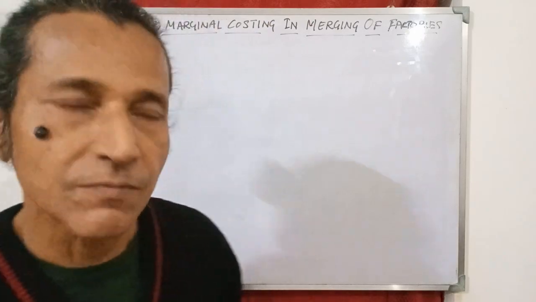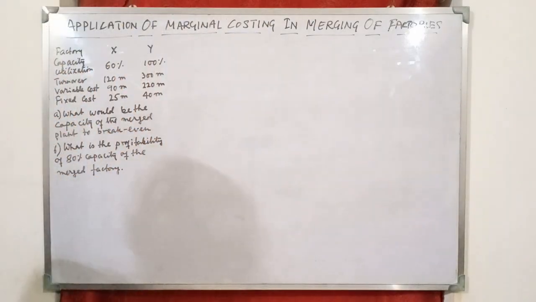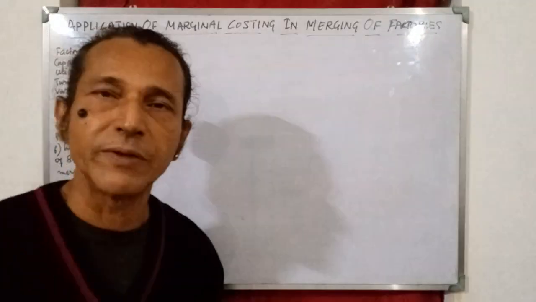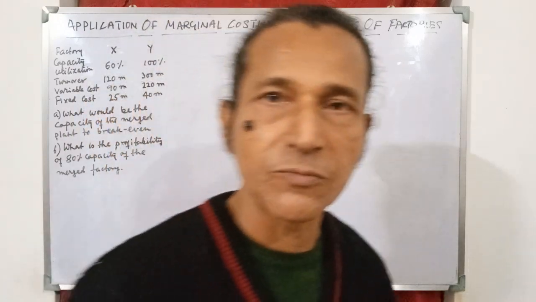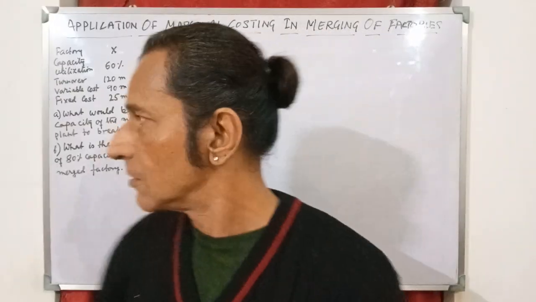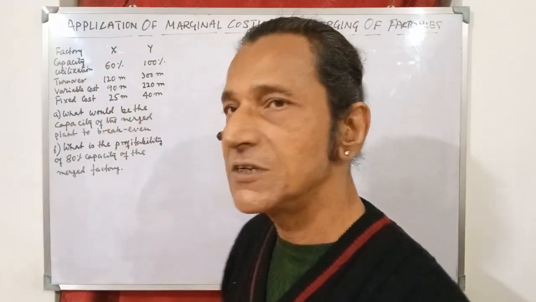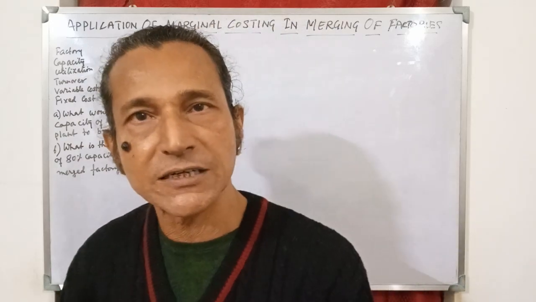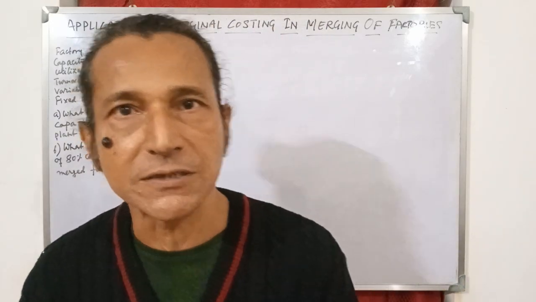The requirement is: what would be the capacity of the merged factory to break even, and what would be the profitability if the merged factory is run at 80% capacity.